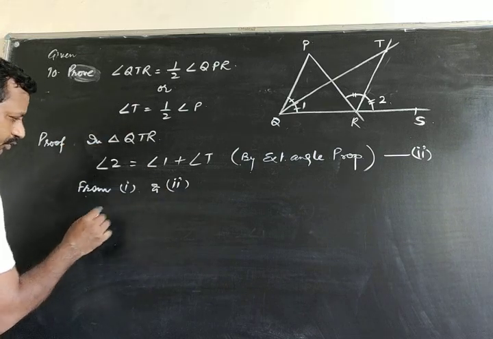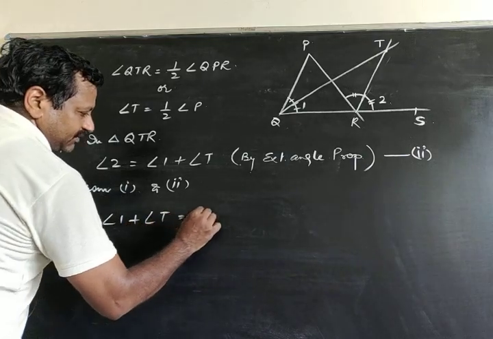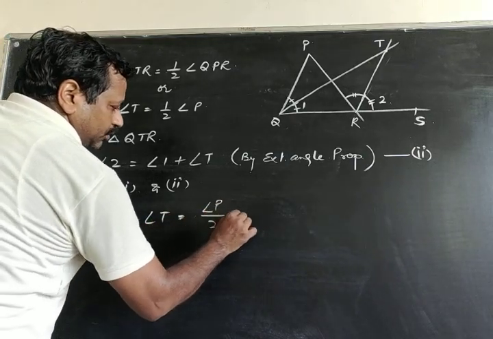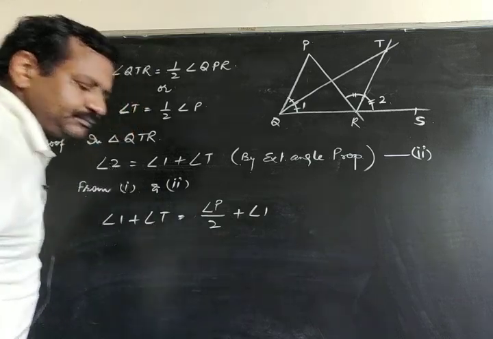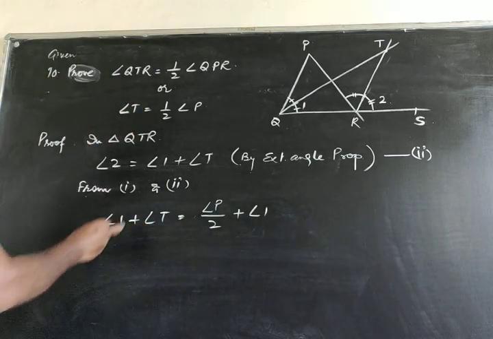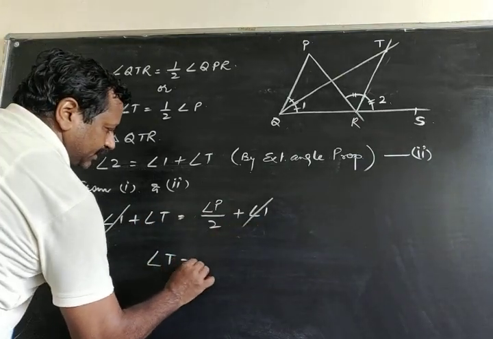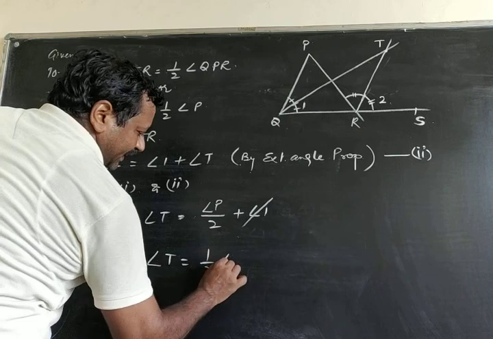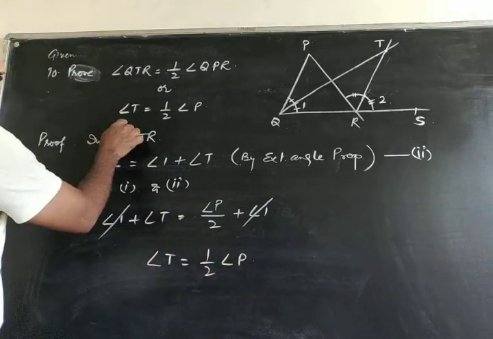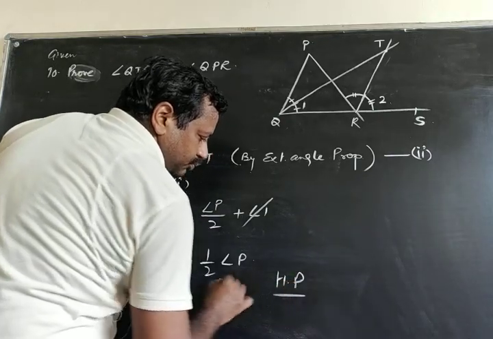From first and second, angle 1 plus angle T is equal to angle P by 2 plus angle 1. This is the result from first part. So remove this angle 1 from both sides. So you will get angle T equal to half angle P और यही हमें प्रूव करना है. Hence proved.